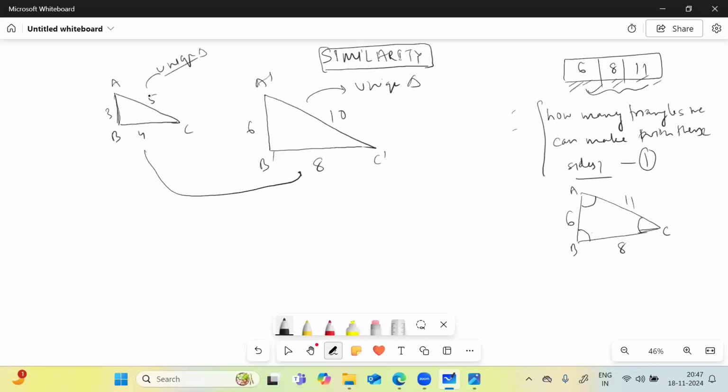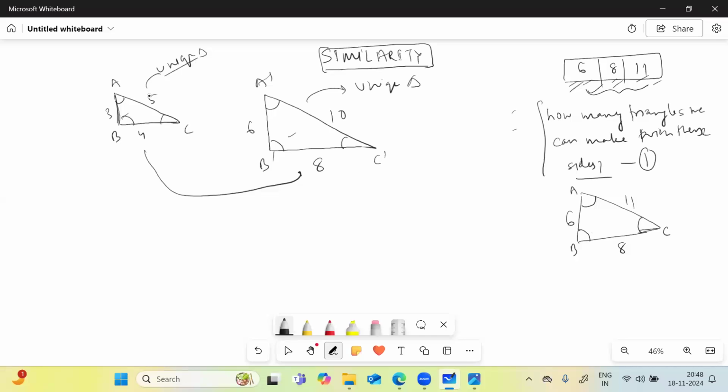What you will be amazed by is that these two triangles will be similar, and similar means they will look the same. That means the angle at A will equal angle at A dash, angle at B will equal angle at B dash, angle at C will equal angle at C dash. So this is how we achieve similarity, by multiplying all sides by the same number.